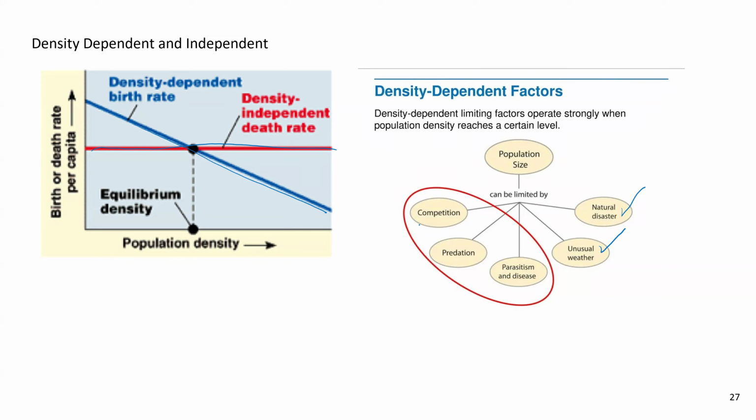But competition, predation, parasitism and disease, and we said here, this is sometimes caused by waste buildup. So this is affected by population size. Competition, here we'd be talking about territoriality.